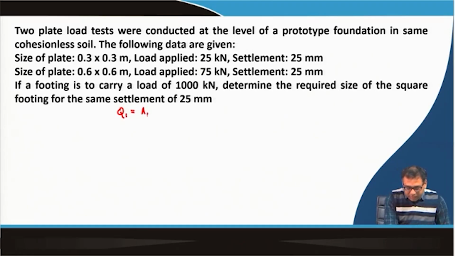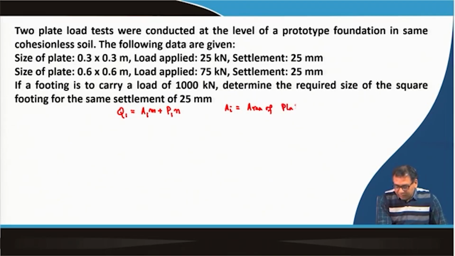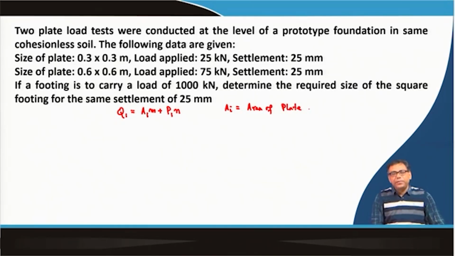Q = A1 m + P1 n, where m and n are the two constants, A1 is the area of the plate and P1 is the perimeter of the plate.